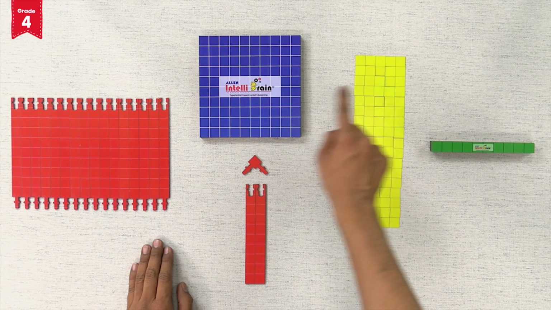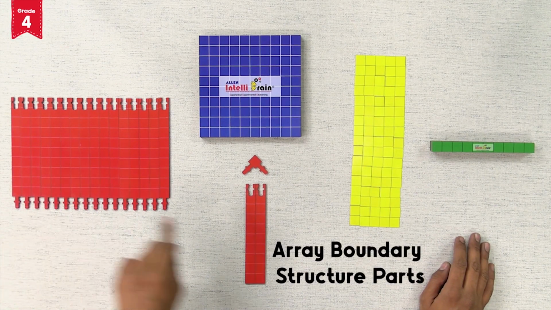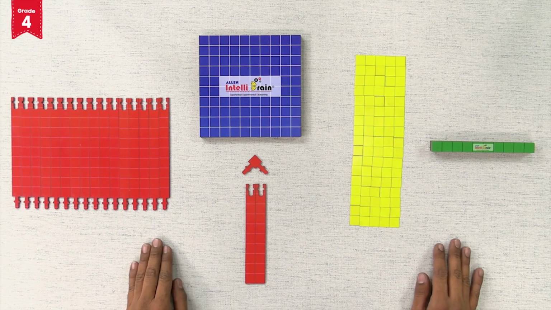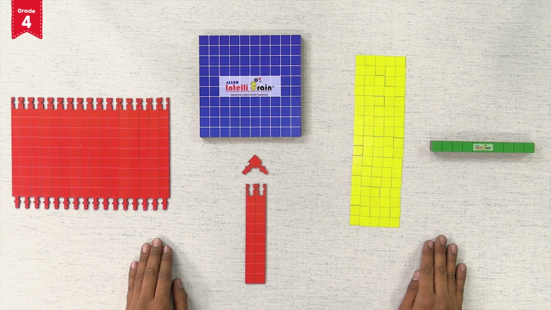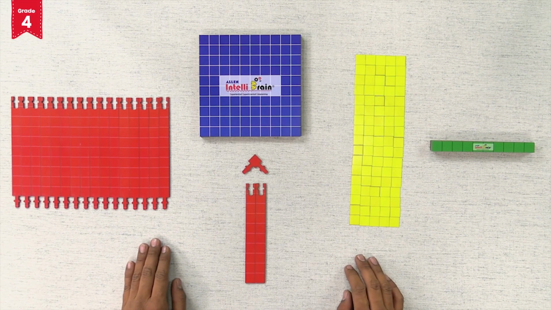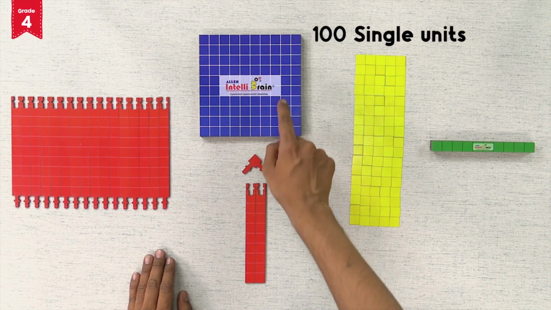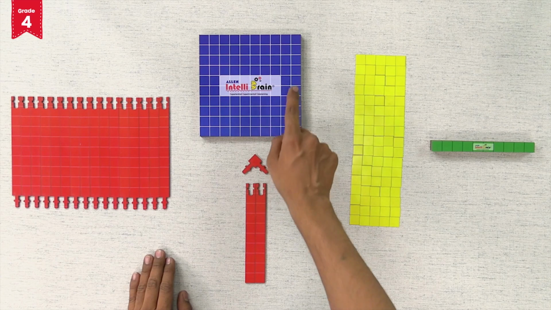Take out the three types of number cards and the array boundary structure parts from the multiplication and division kit of your Intelli Smart Box. The blue square-shaped number cards are referred to as hundreds cards, and they have 100 single units in each one of them.